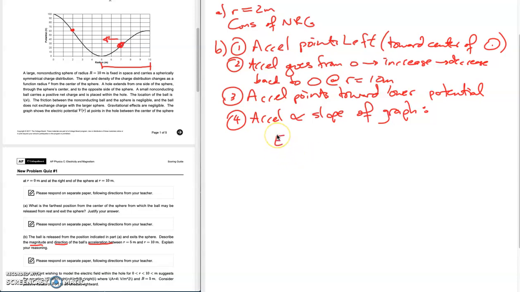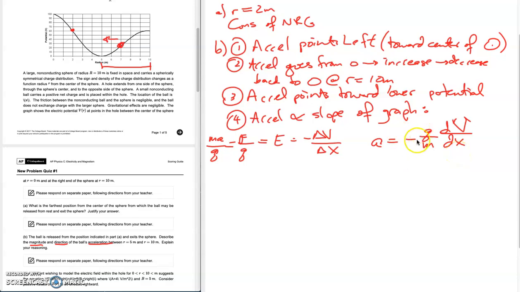Remember that the electric field is the negative derivative of potential with respect to position, and the electric field is force divided by charge, and force is mass times acceleration. So stringing these guys together, acceleration is equal to charge over mass, negative, and then the derivative of electric potential with respect to position.